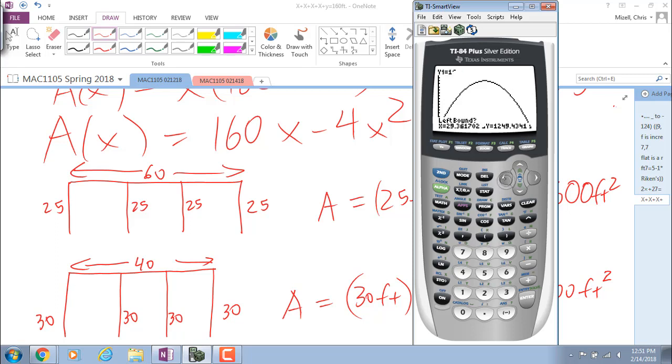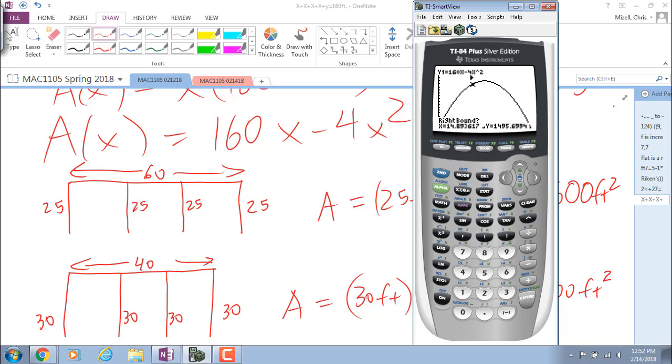If I can't tell just by looking at the scale down below, what I'm going to do is press the left arrow until I'm clearly to the left of the point at the top of the hill. It looks like it's about 14 or 15 or so. I could type the number 14 or 15 in, or I could simply press enter and it will use 14.893617 as the left bound.